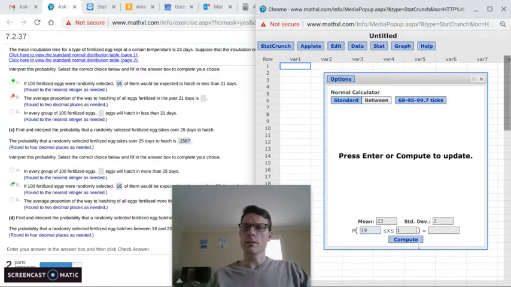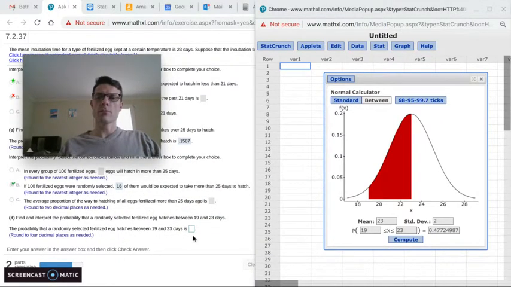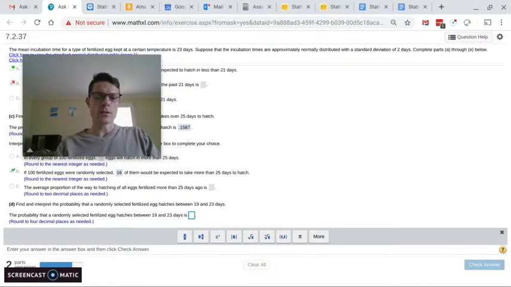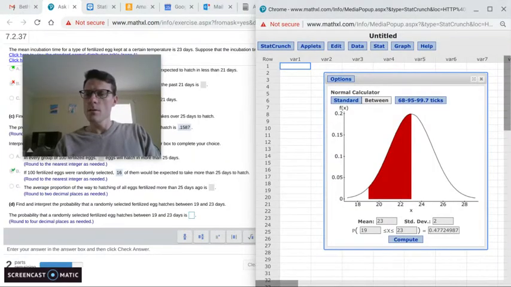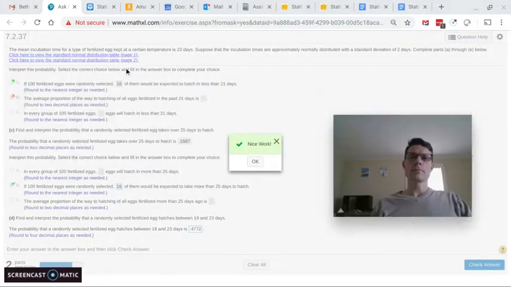So 19 and 23. Hit compute. So that's about 47% of the distribution. Around 4 decimal places, that would be 0.4772. Check the answer.